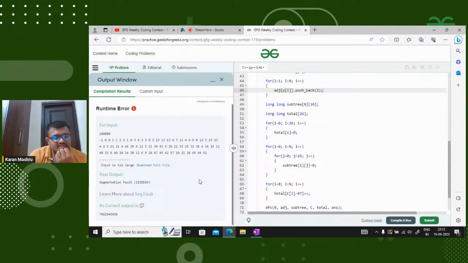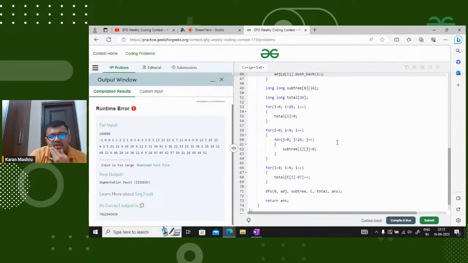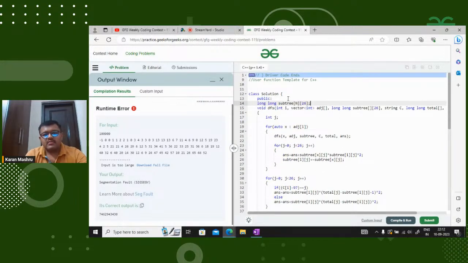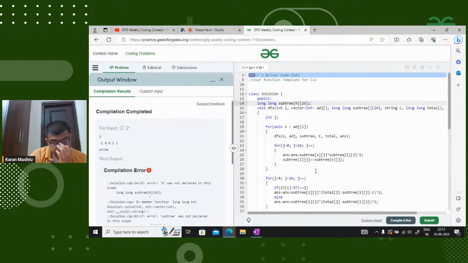So we have got a segmentation error. That might be because we are declaring a 2D array of size n into 26. So let us make it public, then it might solve the problem. N was not declared, so n can be maximum.